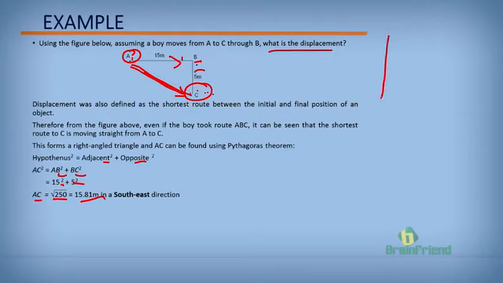As I said, you can use your cardinal points to know the exact direction of this boy from A to C. This is the north, the south, the west, and the east. And his direction is this way. If this is our A here, our C is here. So his displacement is 15.81 meters in a southeast direction.